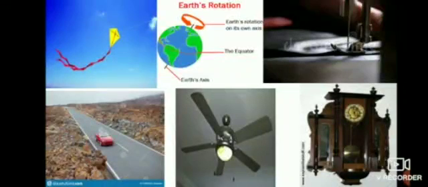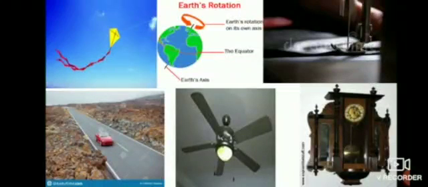Considering the direction of motion, what differences do you notice in the above examples? Sewing machine, car, fan, and pendulum clock. Now let us see. The motions in the above examples are different in terms of direction of motion. Now we see.